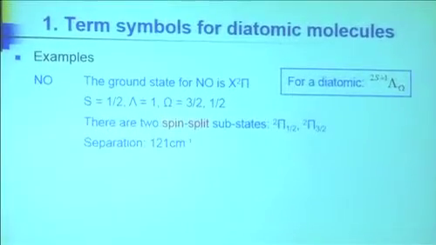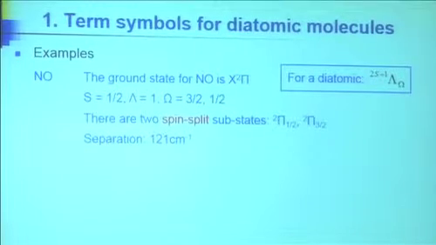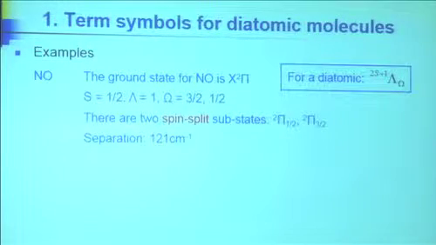Nitric oxide. Nitric oxide is actually a fairly complicated one. The ground electronic state of NO is X 2 pi. Now I've added an X. The first thing that appears is a capital letter. X denotes ground state. That's the lowest state. If it were the first upper state of the same multiplicity, we'd have a capital A in front.